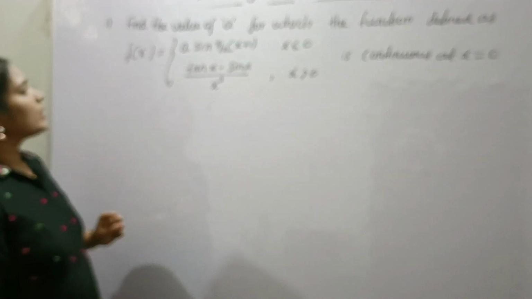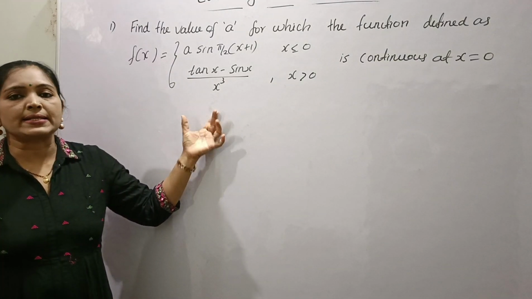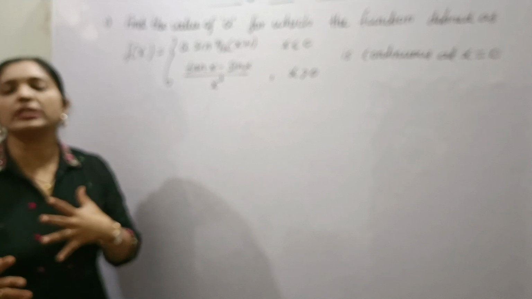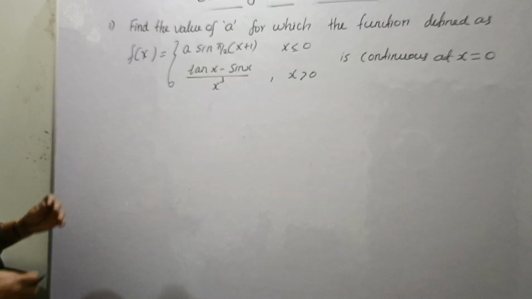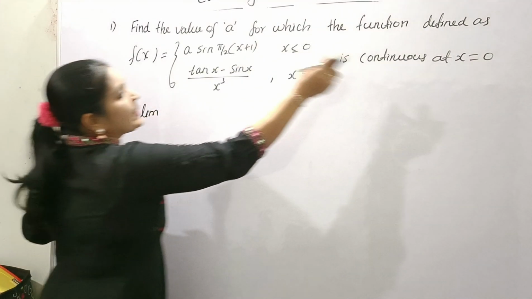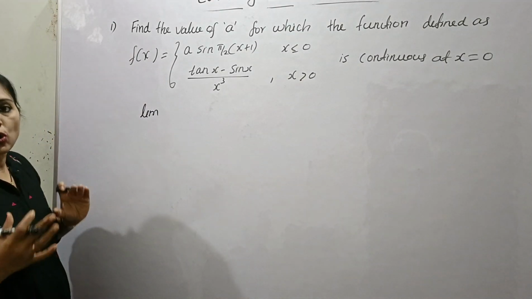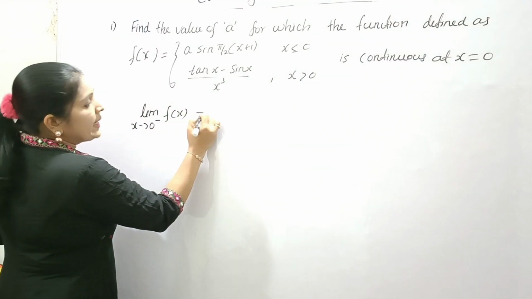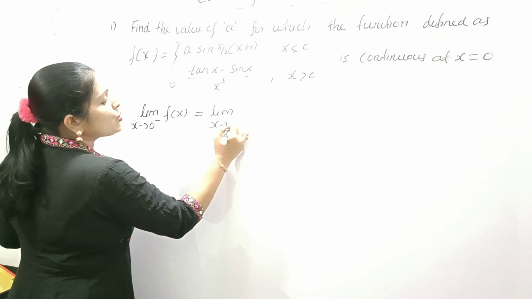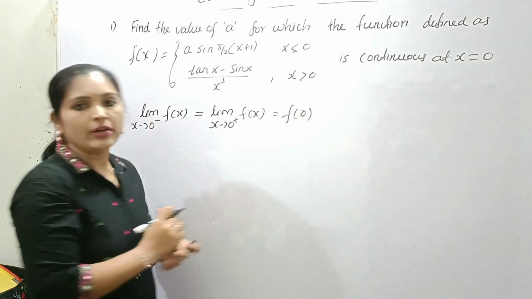Okay. So here we have to find the value of a when this function is continuous at x is equal to 0. According to the definition of continuity, the given function is continuous at x is equal to 0 means limit x tends to 0 minus f of x is equal to limit x tends to 0 plus f of x, is equal to f of 0, the value of the function.